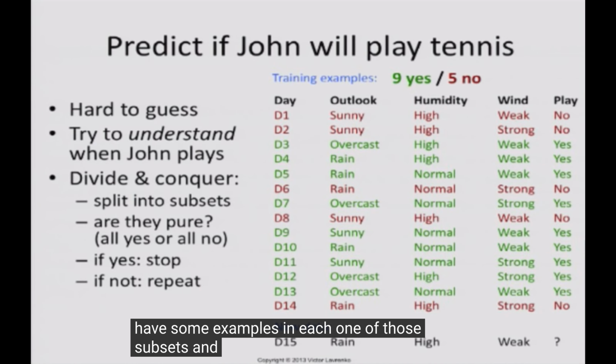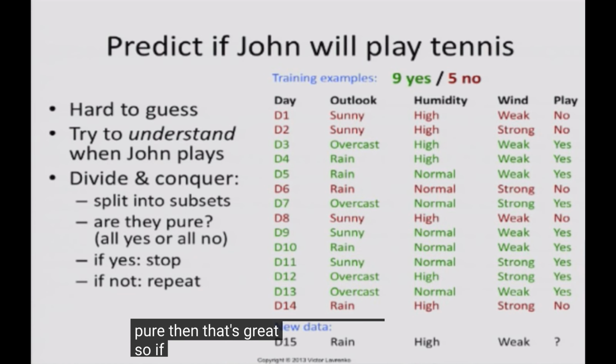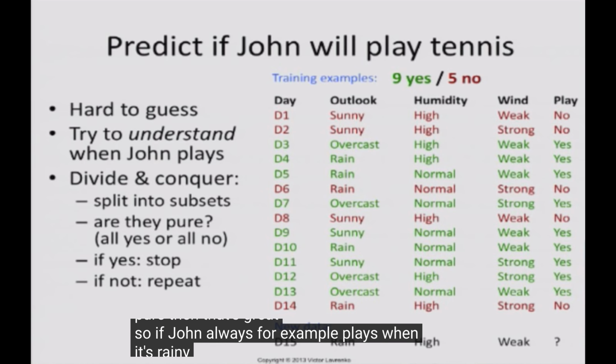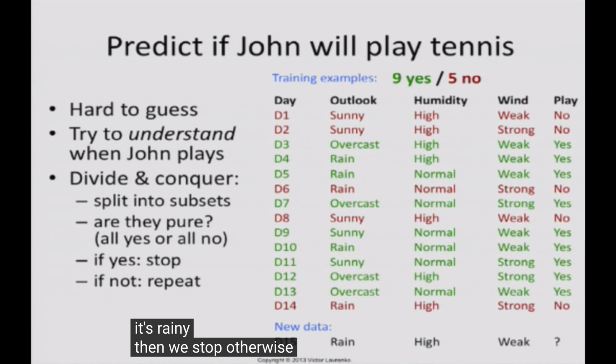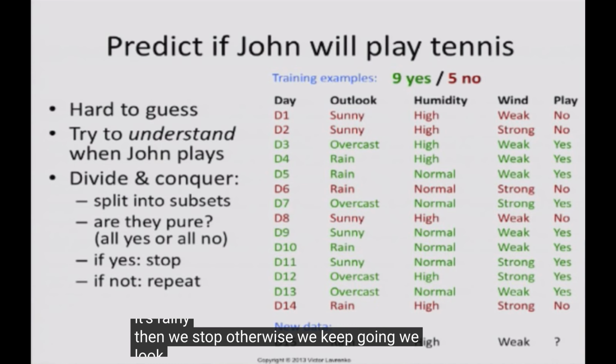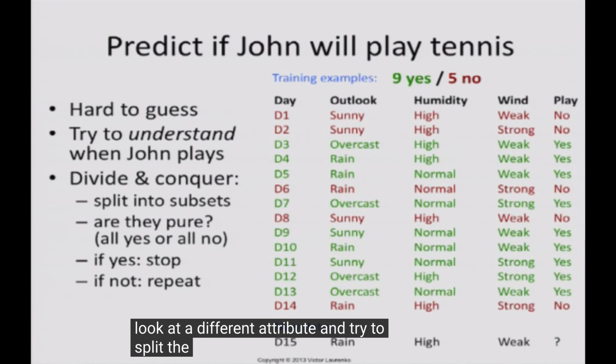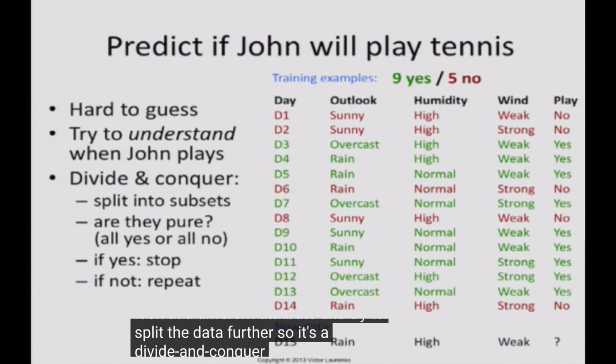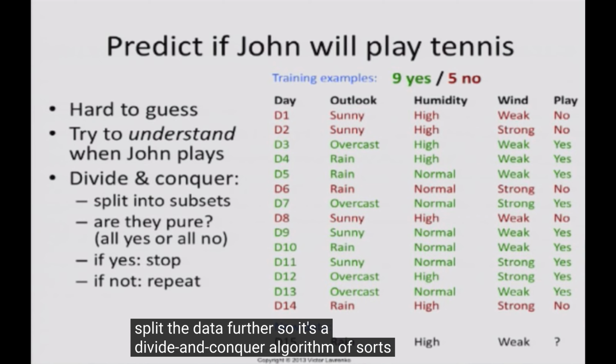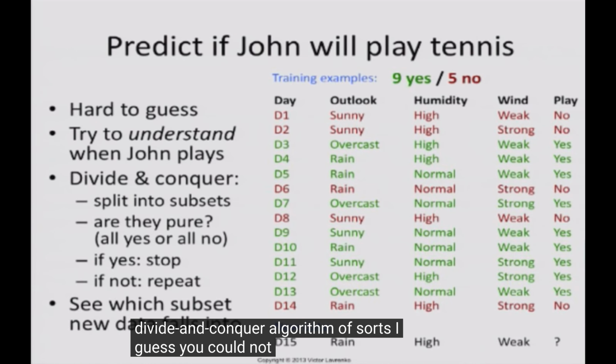If some subset is pure, that's great. If John always plays when it's rainy, for example, then we stop. Otherwise, we keep going, look at a different attribute, and try to split the data further. So it's a divide and conquer algorithm of sorts. Not really, but you could say it that way.